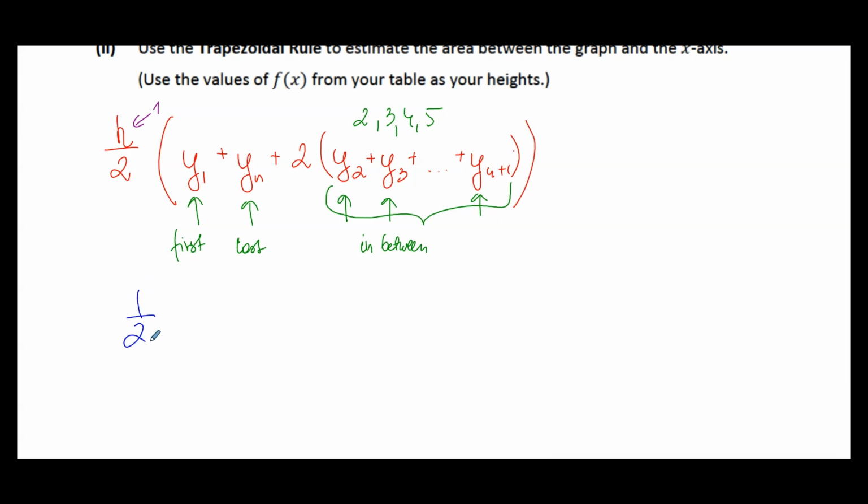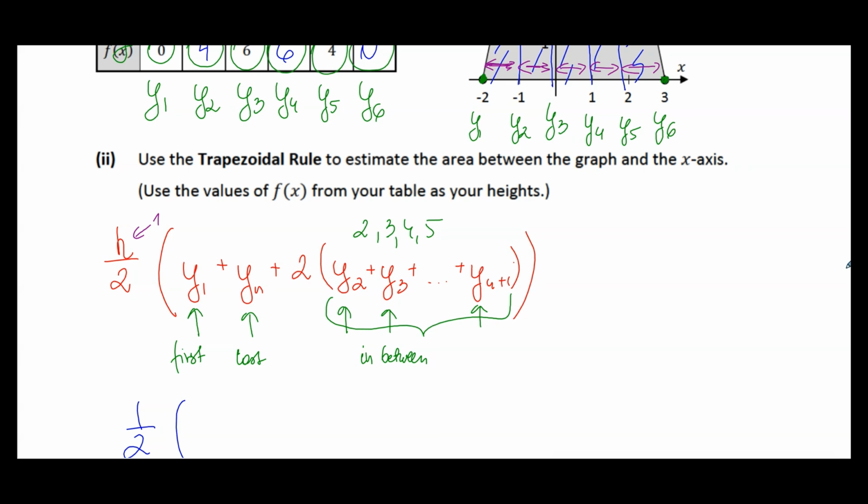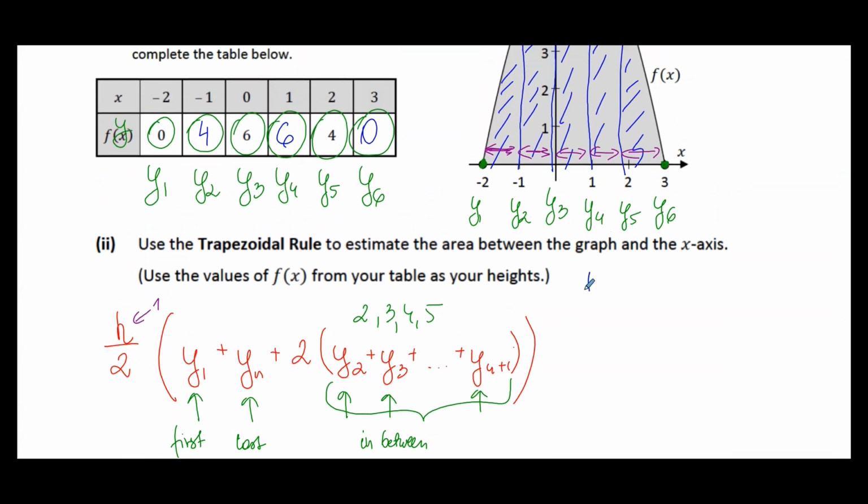So 1 divided by 2, our first, where is our table? Maybe let's write it here. 1 over 2. Our first one is 0 plus our last one is 0. That's what I'm saying. Just because we don't see them, that doesn't mean they are not there. In maths, when we have nothing, what do we say? 0.